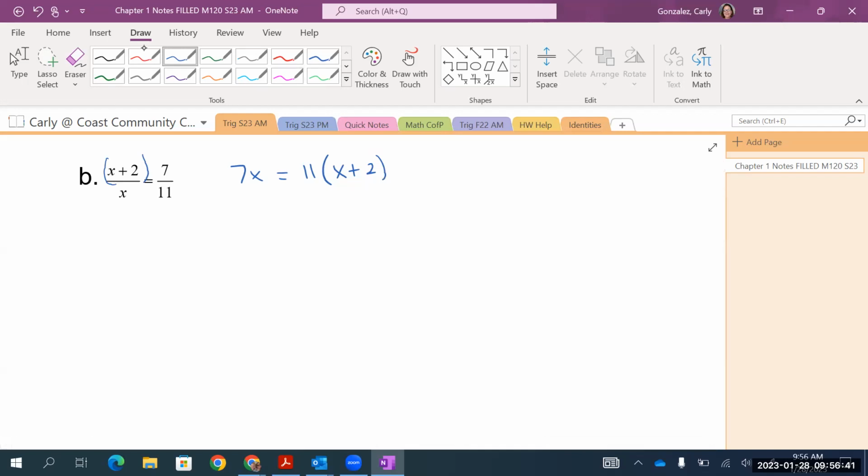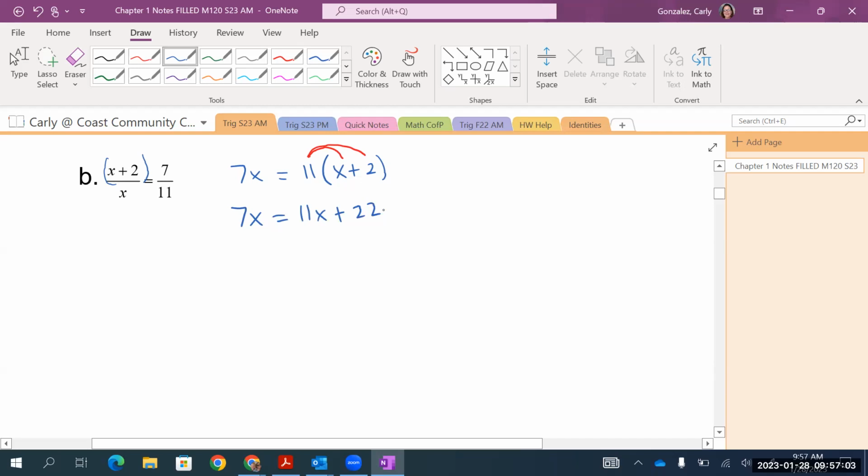In doing so, we will make sure that we distribute this 11 and multiply the 11 by x, and we'll multiply the 11 by 2. And this will give us this next equation, 7x equals 11x plus 22.